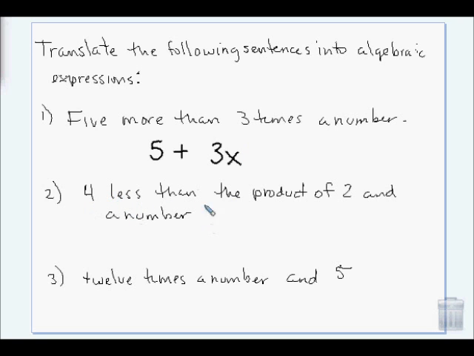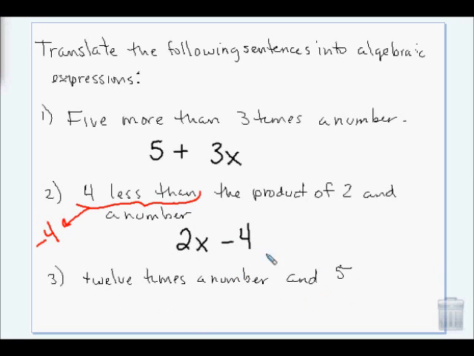Okay, if we say 4 less than, that means minus 4, not 4 minus, right? Okay, the product of 2 and a number, so 2 times a number, and then minus 4.